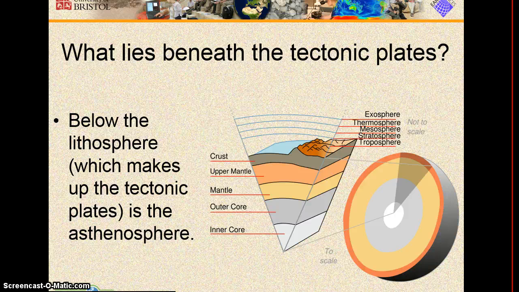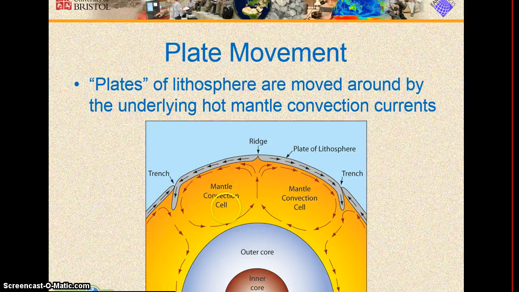And remember, inside the asthenosphere is where you have those convection currents of the magma that actually cause the plates to move. So if we look here, you have the crust here. This is what we're on, the lithosphere. You have down here in the mantle, you have convection currents. And these convection currents rise because they're hot and they sink because they're cold.